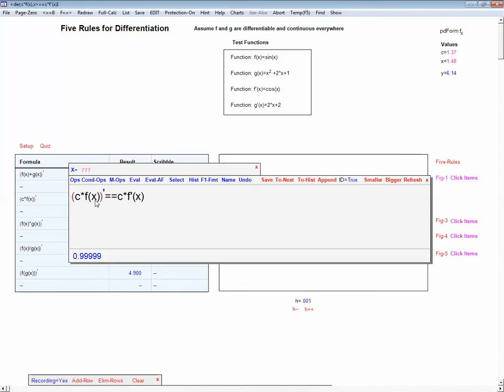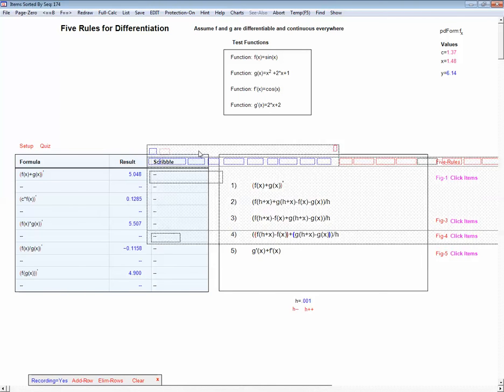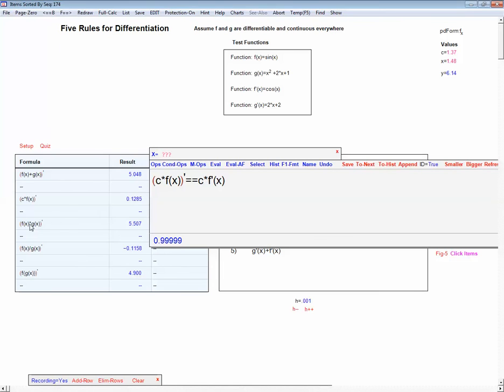That's because the left-hand side is actually being numerically evaluated, and this program only assumes a certain h in evaluating this numerically. So sometimes you'll see, instead of a 1 here, something very close to a 1, but it's certainly okay.